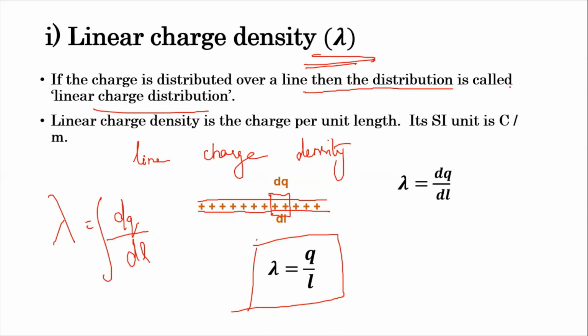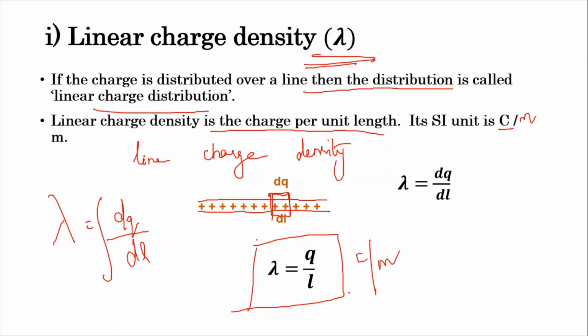So lambda is equal to dq by dl means finding the charge distribution for a small length, then integrating it throughout the length of the wire. The linear charge density is the charge per unit length. The SI unit of charge is coulomb and for length it is meter, so the SI unit is coulomb per meter.